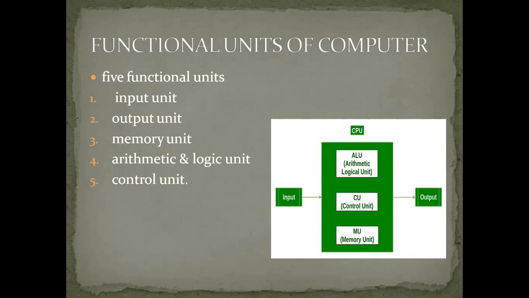First, the input unit gives some input to the CPU. Based on the input, the control unit automatically generates the signals to perform the operations. Then it goes to the arithmetic and logical unit, which performs addition, subtraction, and multiplication.